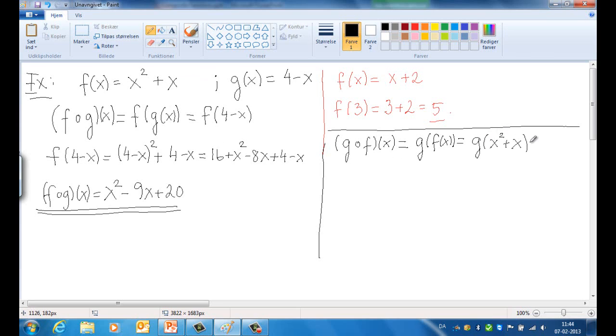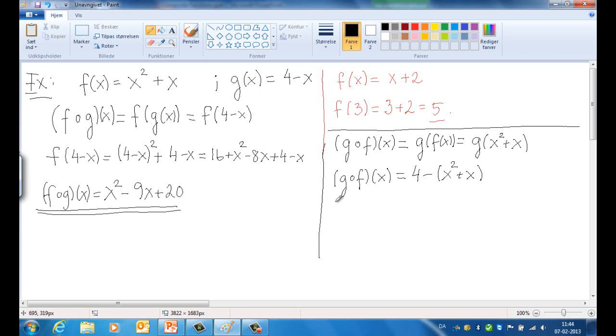So let's see what that is all about. g(x) is defined as 4 minus x, so altogether we have the composite function g of f of x to be equal to 4 minus, and instead of x here we substitute x squared plus x, so that is 4 minus (x squared plus x).